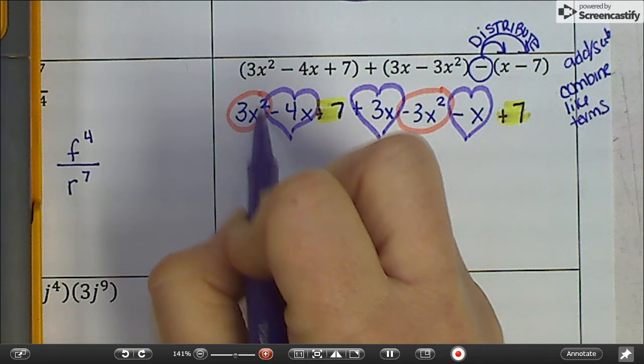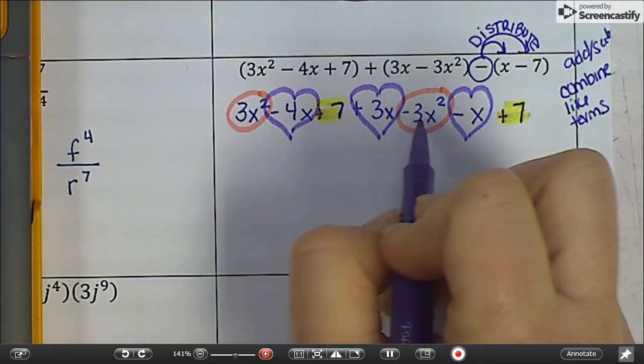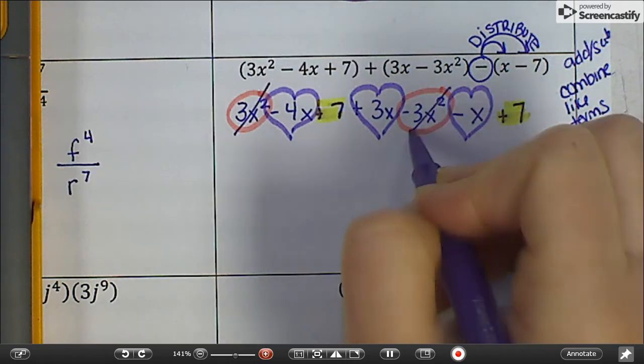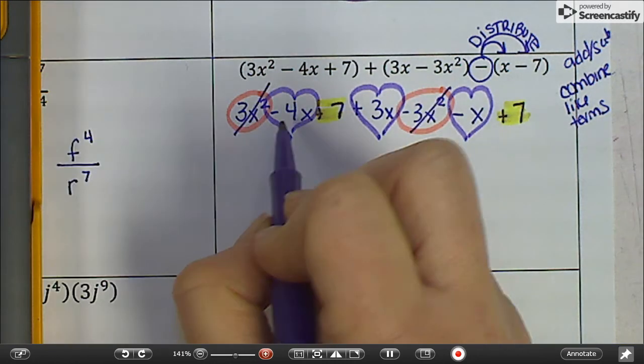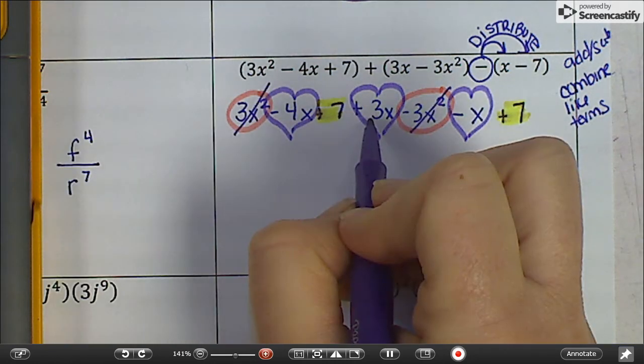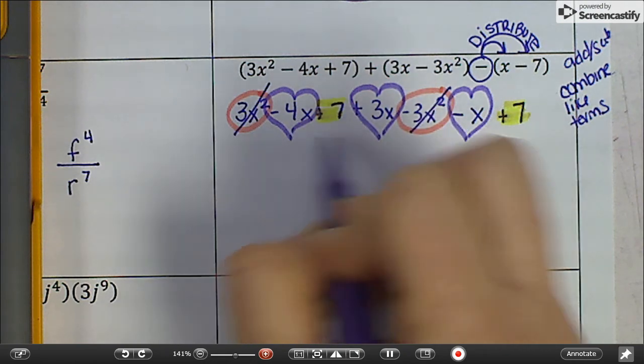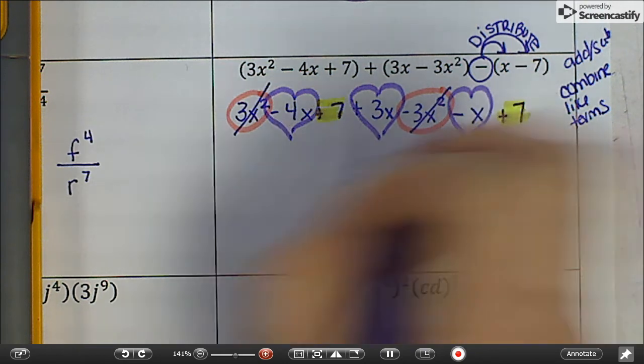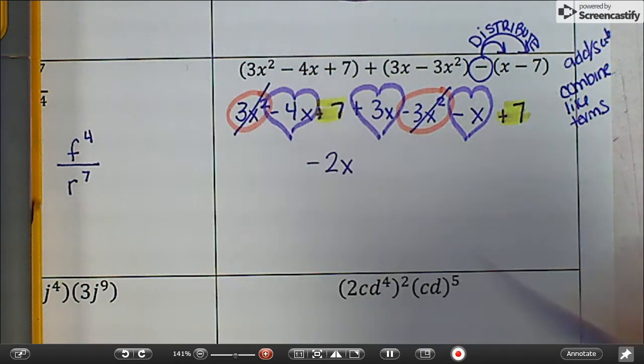So we have 3x squared minus 3x squared. So 3 minus 3 is 0. We have no more x squareds left. Negative 4x plus 3x is negative 1x. And negative x minus x is negative 2x.